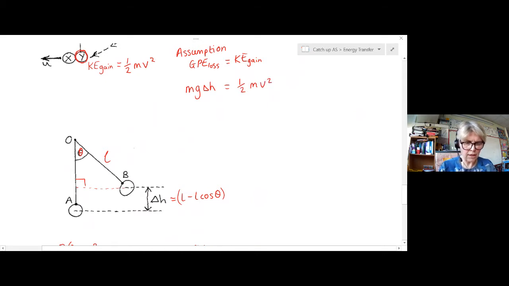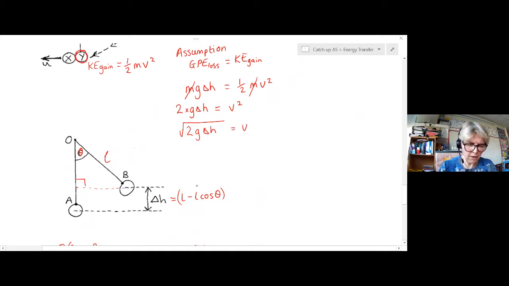You notice here that it doesn't matter what the mass is of the ball that's falling, so that cancels out. I can rearrange this: g delta h times 2 equals v squared, because I'm dividing by 2 on this side, so I take it over to the other side, times by 2. And because I've got a square here, I'm going to have to square root on the other side. So square root 2g delta h equals v.